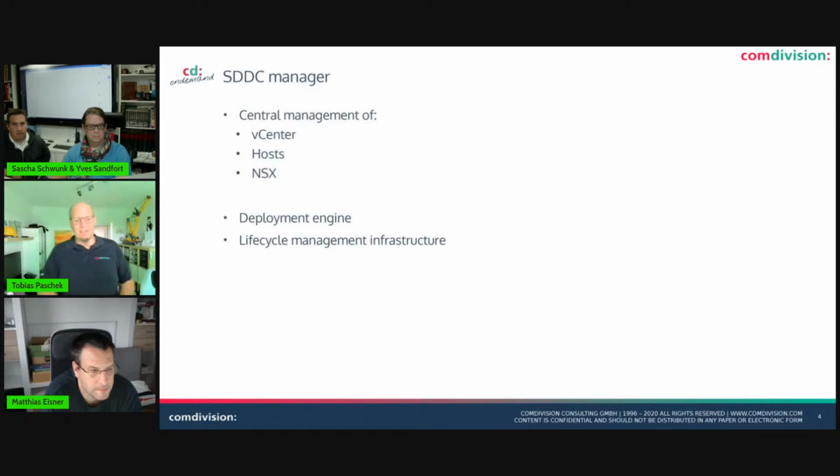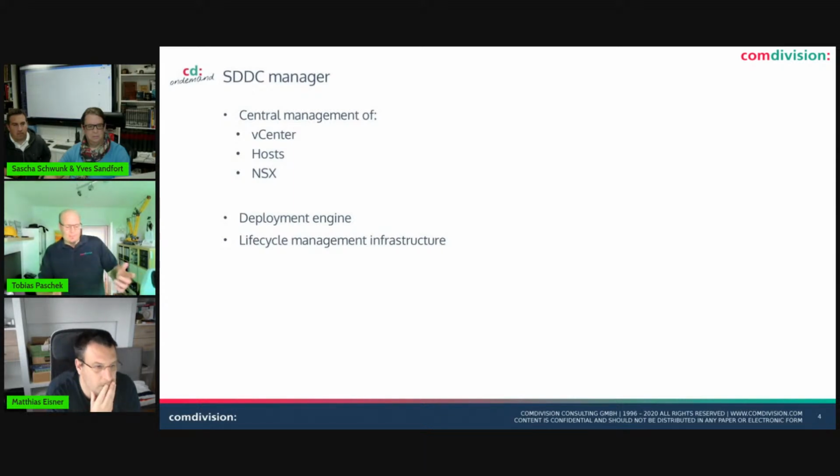So the SDDC manager is the central management point where we can manage the whole virtual infrastructure world, where we can also do the whole lifecycle stuff related to certificate management, related to password rotation and stuff like this. So this is all part of the SDDC manager.